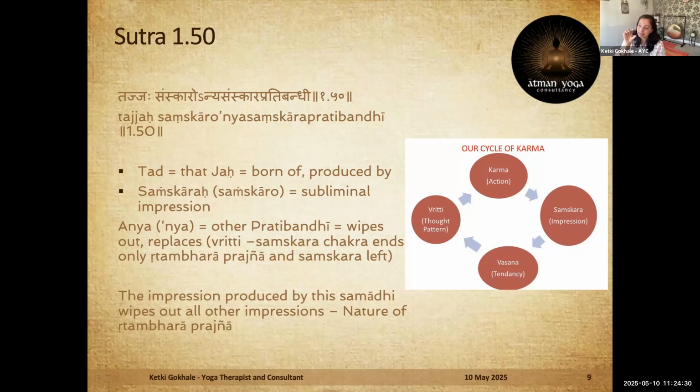Because of this powerful vritti, all the other impressions are wiped out. So this chakra gets ended. Again, this is a very important stage of Samadhi. Otherwise, our chitta is only creating vrittis and samskaras, and accordingly we are doing actions and getting tossed between our desires.